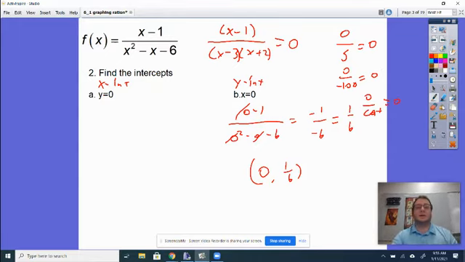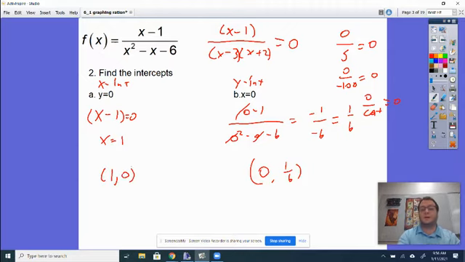It doesn't matter what it is. 0 divided by anything other than 0 is still 0. So as long as the numerator is 0, the whole thing's 0. Well, let's set the numerator equal to 0. In this case, x is going to equal 1. But I'm asking for an x-intercept, so that's going to be at 1, 0.